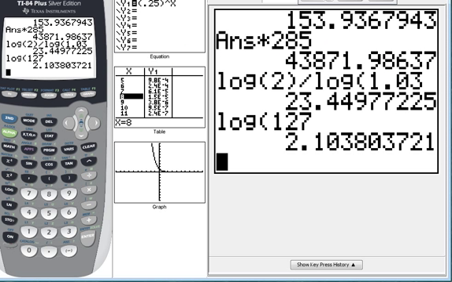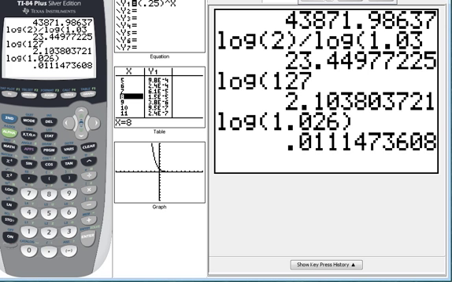What is the log of 1.026? That is 0.01114. So rounding to 4 decimal places, it is 0.0111. So I'm going to write that down.